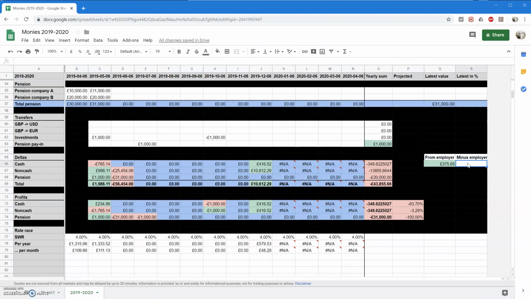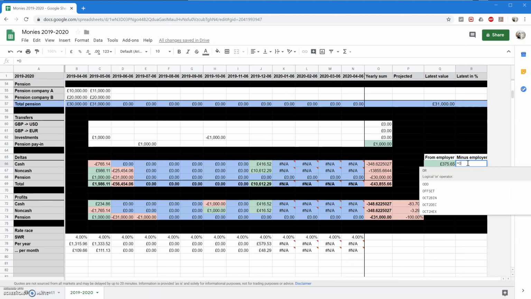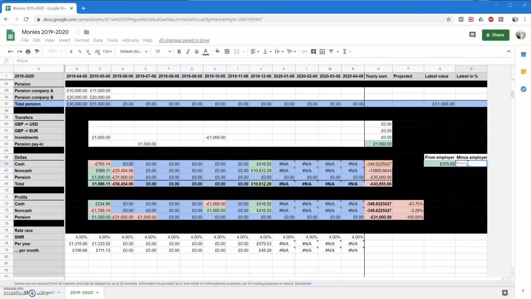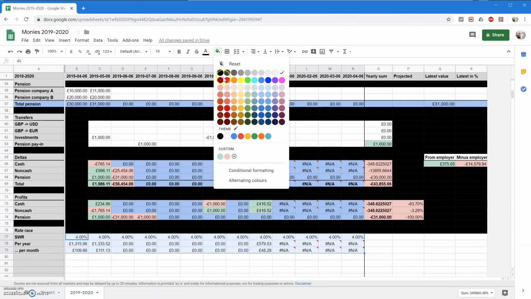So the total non-pension is 0.66 plus 0.67 minus what I got from employer, which is Q66. So you see here I would have made a pretty big loss here if I didn't have my employment, but instead I made a gain, or a net worth gain, of 375.65. And here these are all calculated. Let's clean that up.